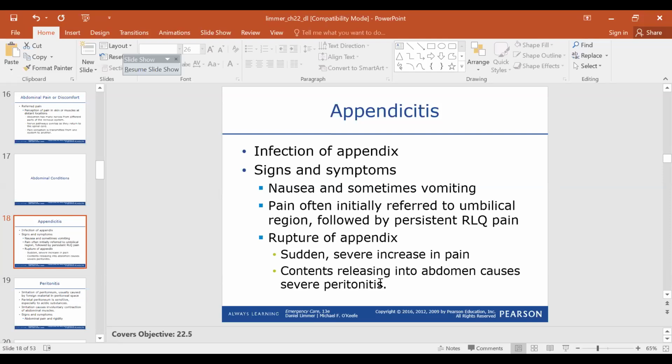And that's when you get peritonitis. Remember, itis just means an inflammation of something. Peritonitis means that the membrane is inflamed, because of the irritation from the bacteria and everything else that ruptured out of your appendix.